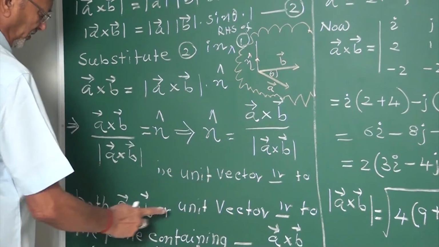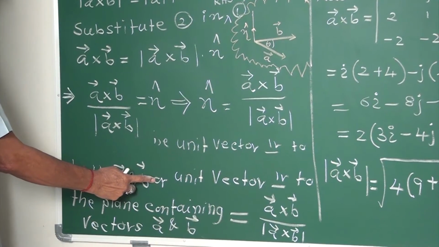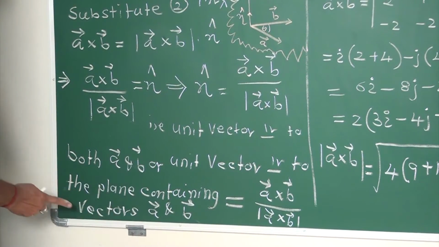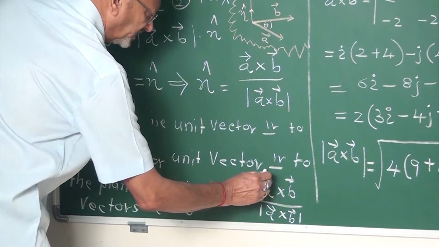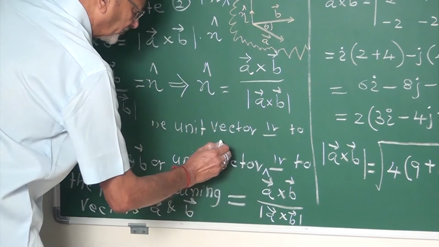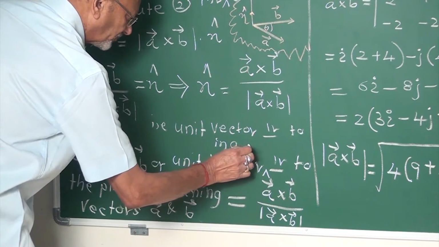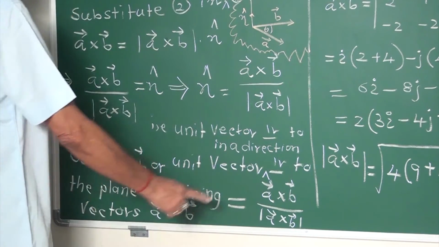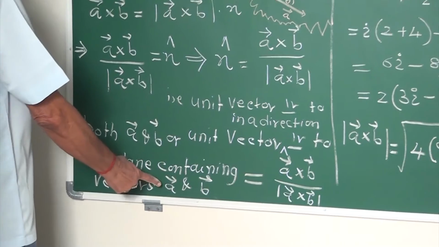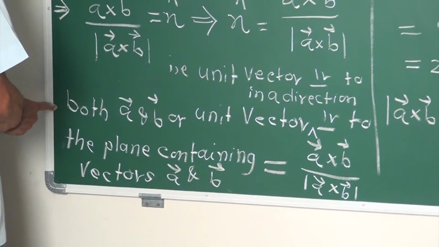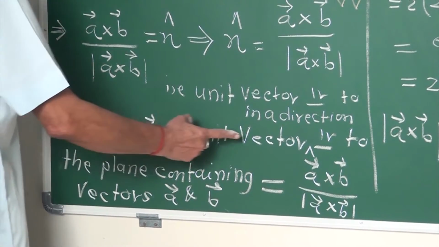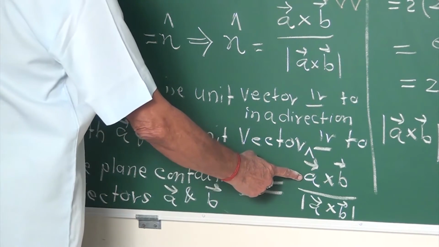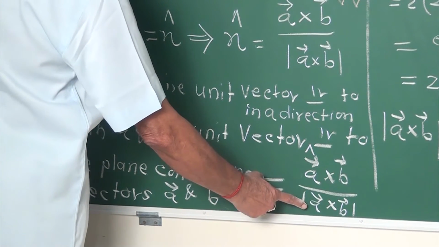It is a unit vector perpendicular to both vectors A and B, or a unit vector in a direction perpendicular to the plane containing the vectors A and B. That is nothing but A cross B vector upon magnitude of A cross B.